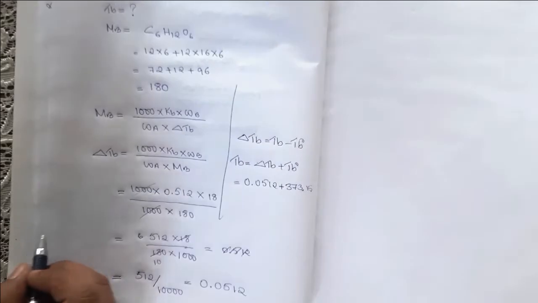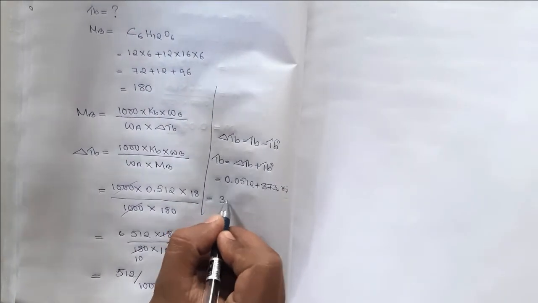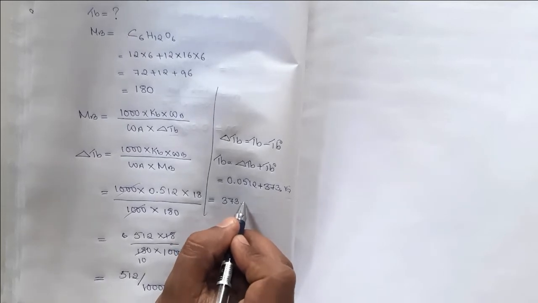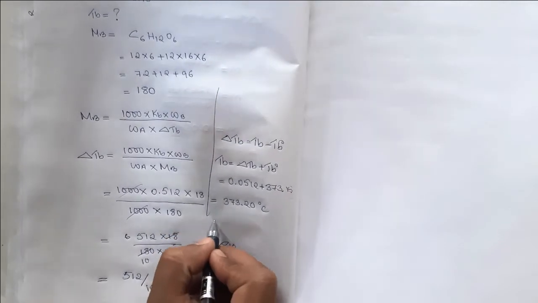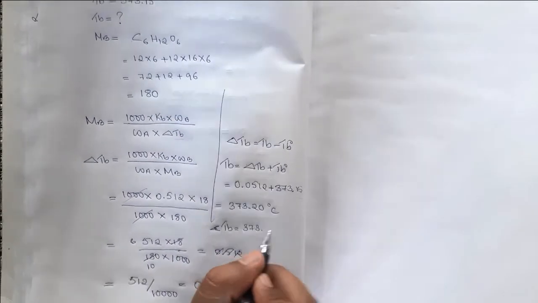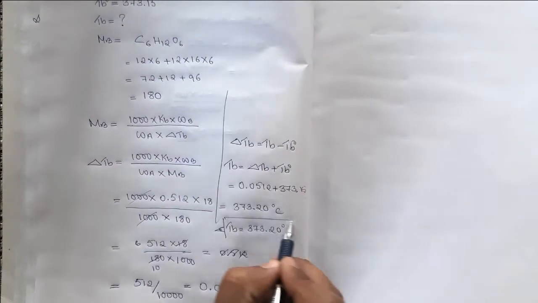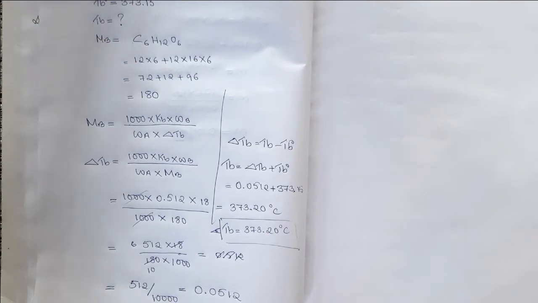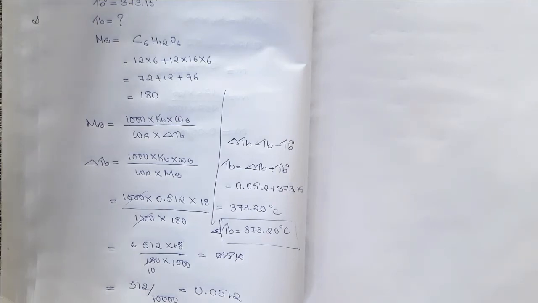So our value will be 373.20 degrees Celsius. This will be our TB. So this is what we get, 373.20. Out here you need to arrange the formulas and you will get 373.20 degrees Celsius. I hope you understand how to solve the problems.